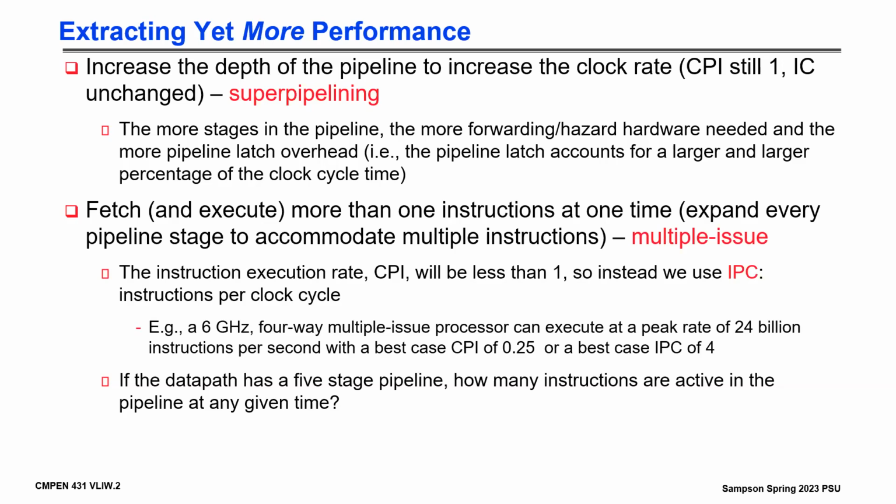It'd be pretty easy. There are 4 instructions per cycle times 5 stages. There are 20. All right. Now I just told you the average size of a basic block is 5 instructions, and there are 20 active instructions in this pipeline. So this is going to come back and be the source of a number of challenges.